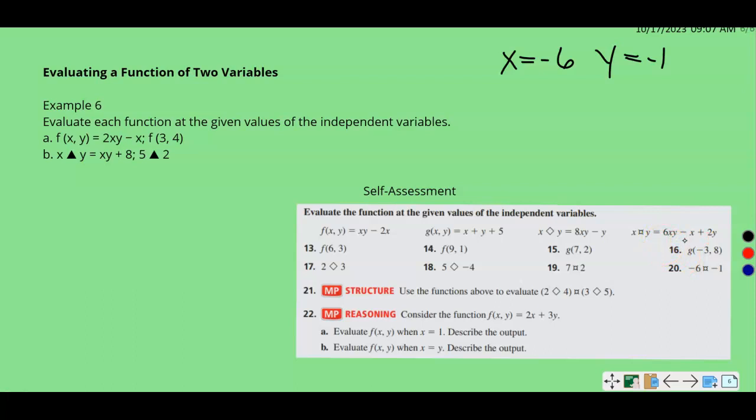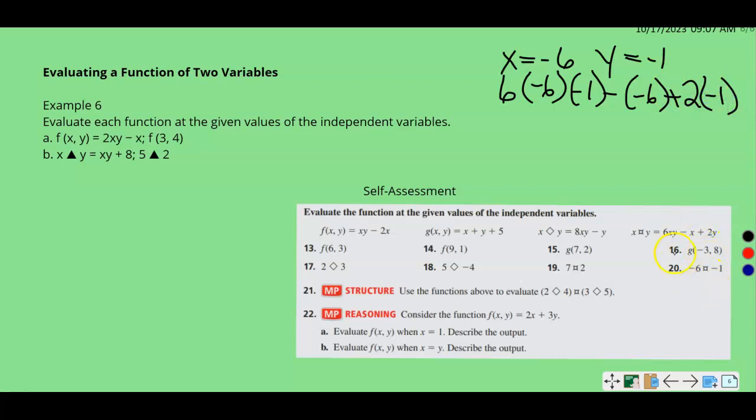So we're going to do 6 times negative 6 times y, which is negative 1, minus x, and then plus 2 times y.